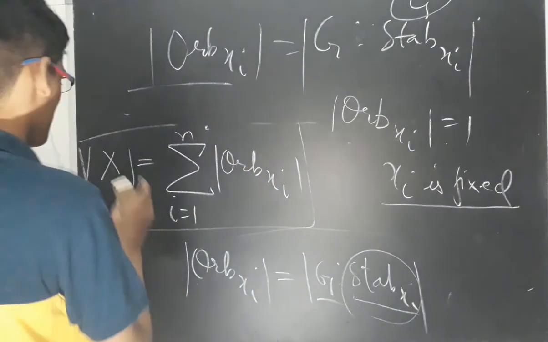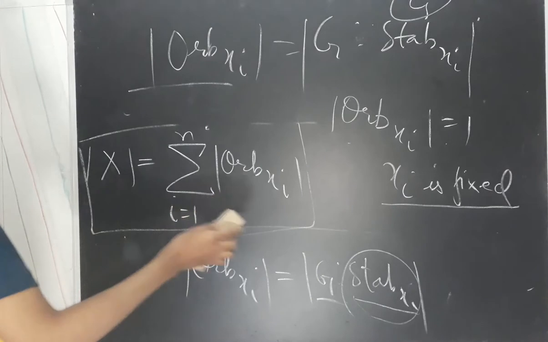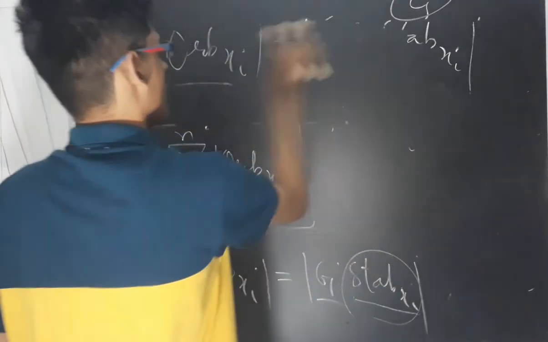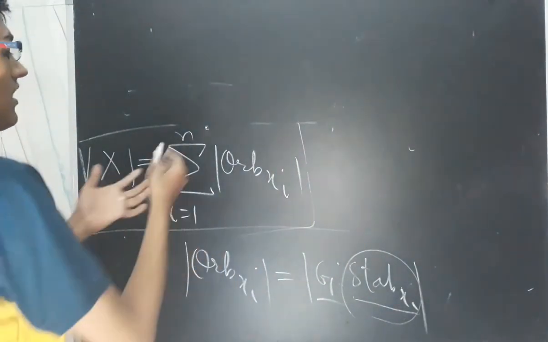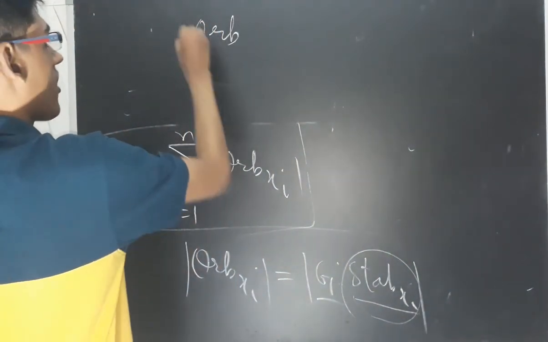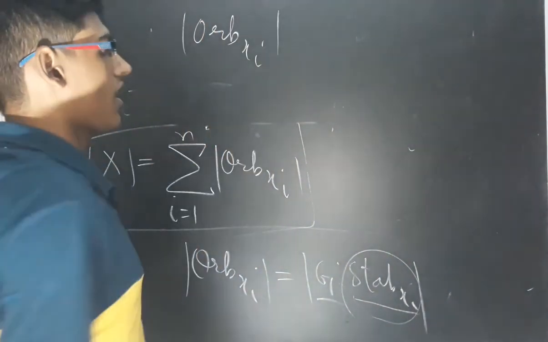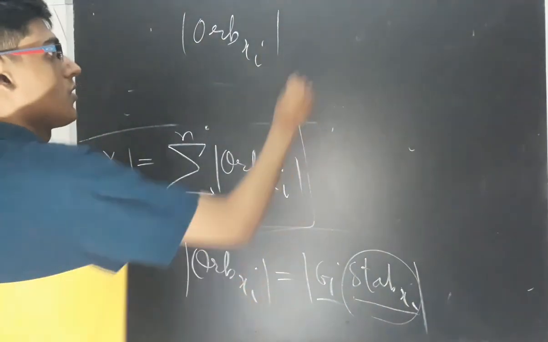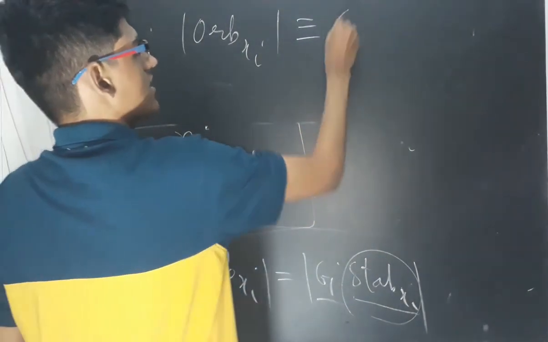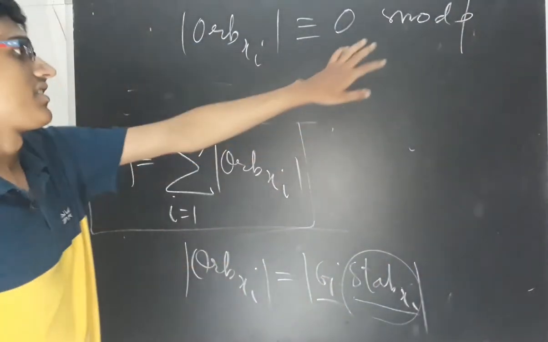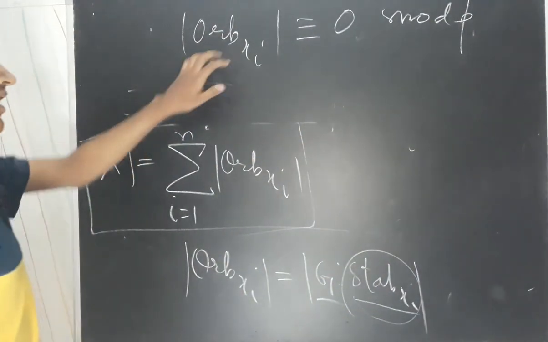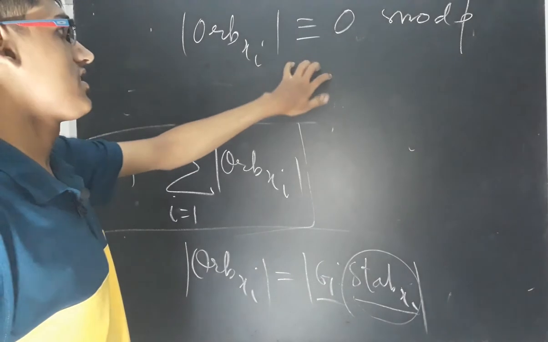So from this orbit equation, we also know that the order of the orbit of xi is again a power of p. So p will divide the order of the orbit, and you can write this as a congruence relation.